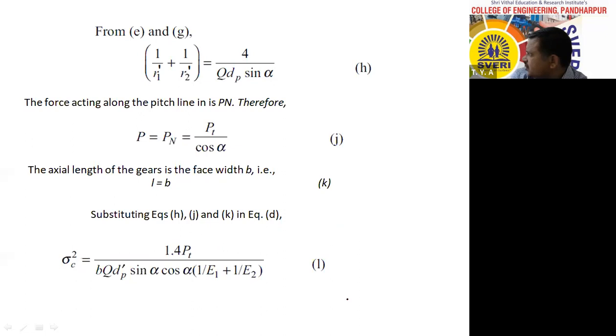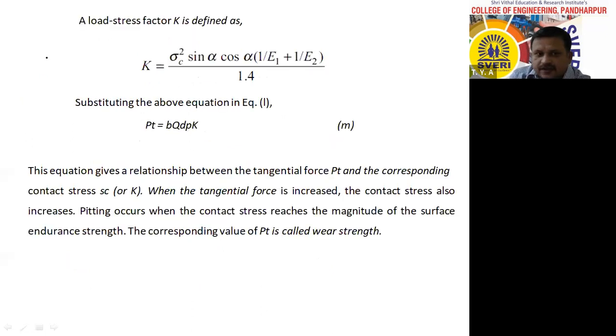Therefore, a load stress factor K is defined as K is equal to sigma C square sin alpha cos alpha into bracket 1 upon E1 plus 1 upon E2 divided by 1.4.